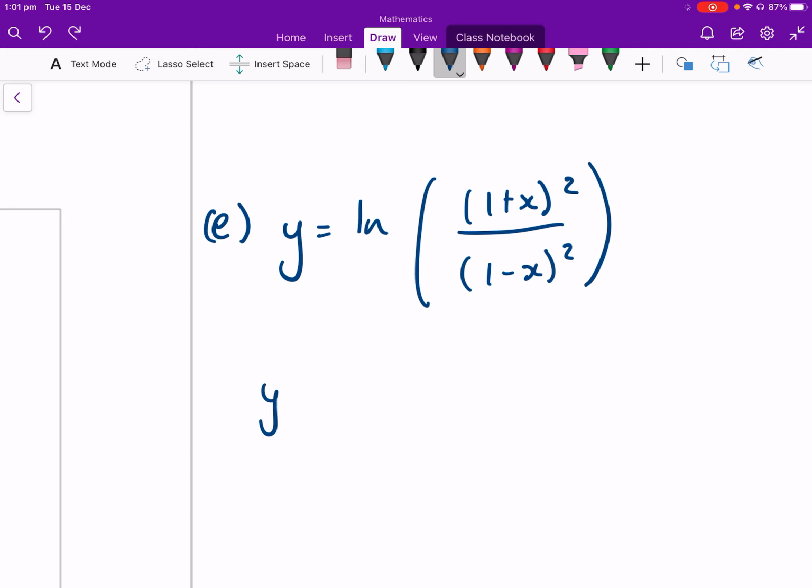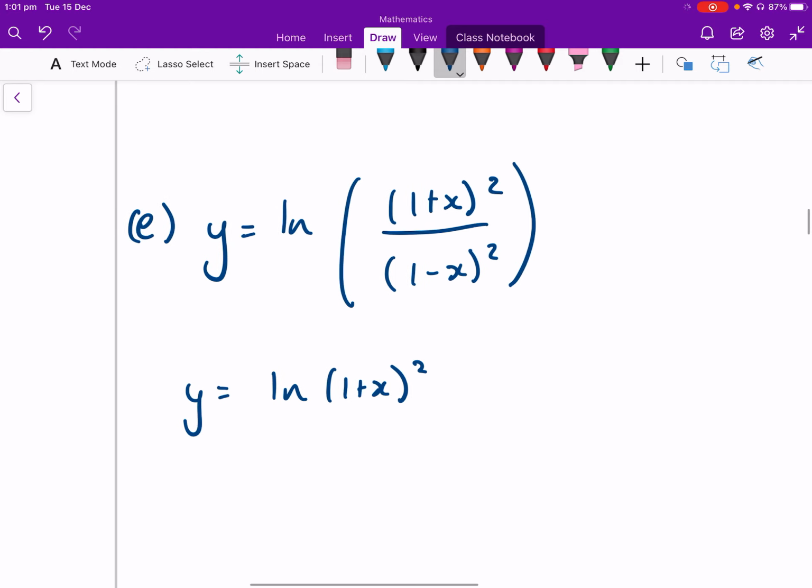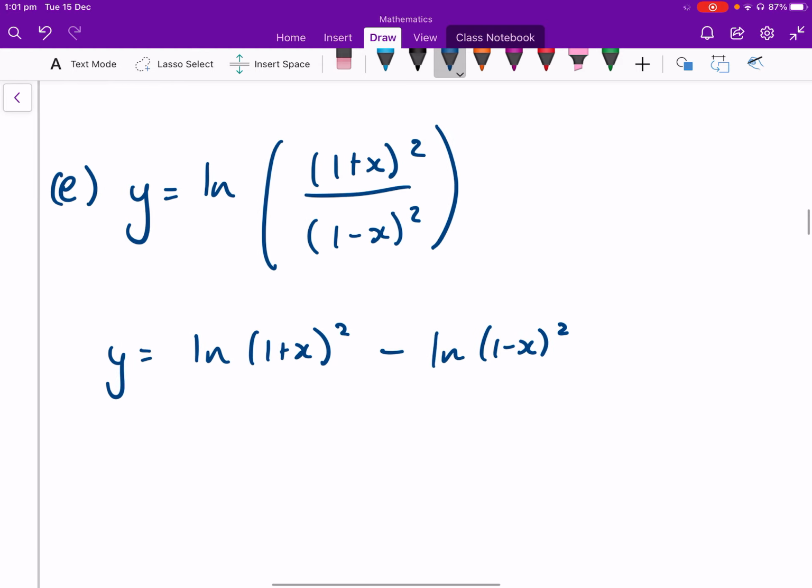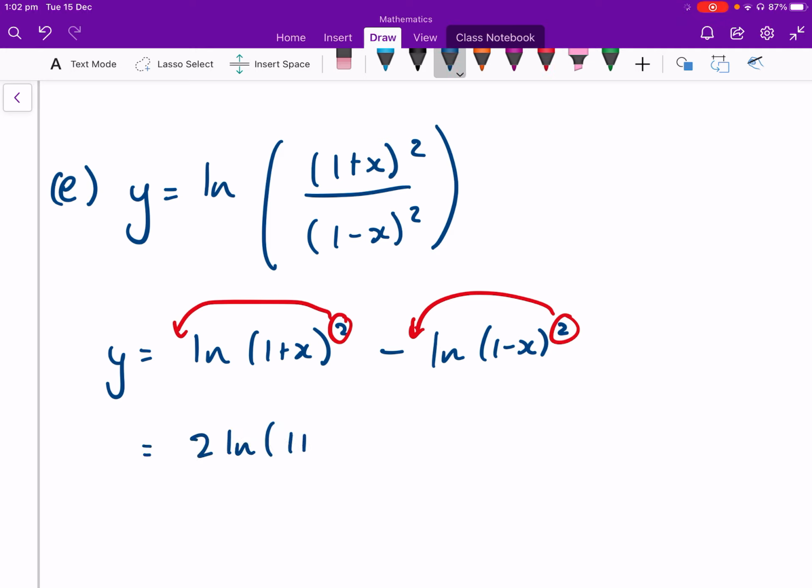So I'll have y equals ln (1 + x)² minus ln (1 − x)². Now here I could also use the log law that the 2's will come down and be the coefficient of the log. So this will actually be 2 ln(1 + x) − 2 ln(1 − x).